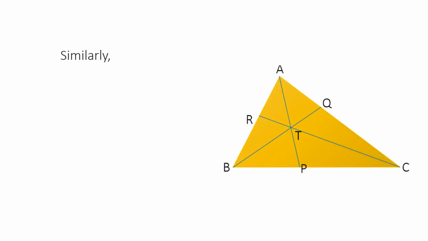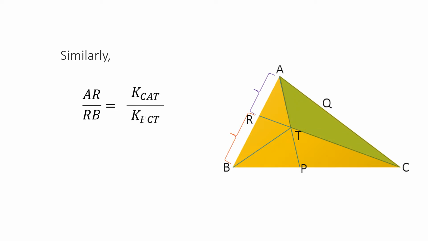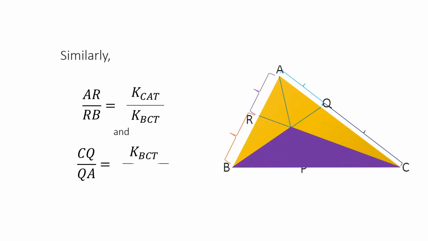Similarly, AR over RB is equal to the area of CAT over area of BCT. And CQ over QA is equal to the area of BCT over area of ABT.